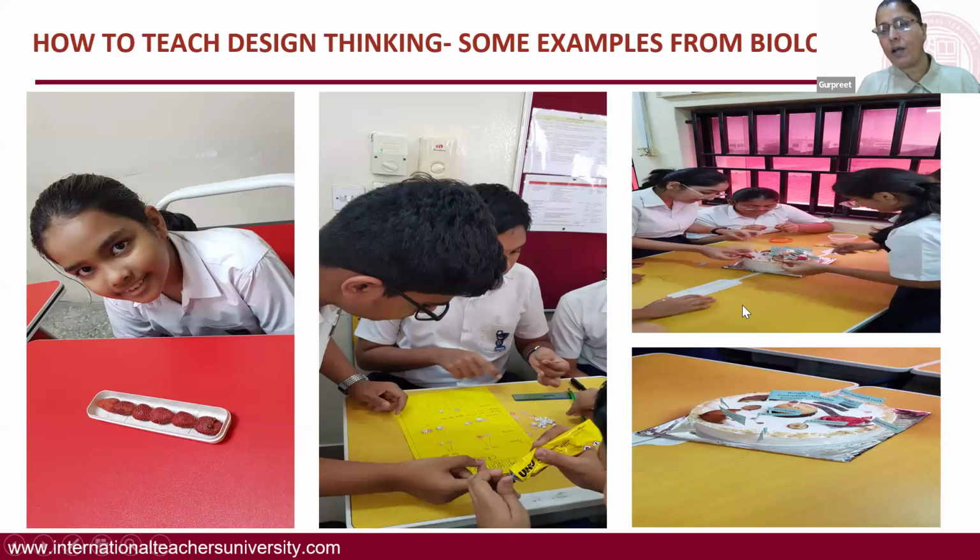And on your extreme right, a student is trying to make an animal cell out of a cake. How do they design all the organelles out of fruits, berries, and other eatables on a cake or a pizza base? They make up their mind and design the organelles according to their wish to represent an animal cell and a plant cell.